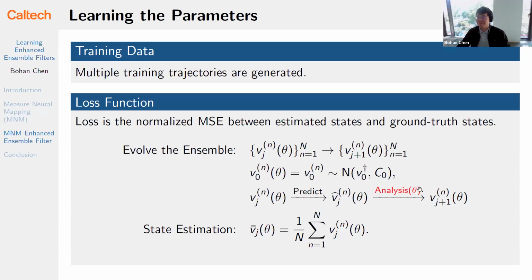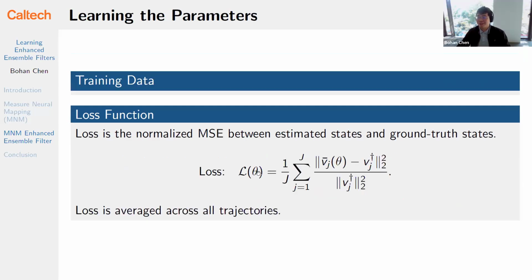Here, the analysis map is parameterized. And we have a state estimation using the mean of this ensemble at each time step. And our loss is calculated based on the mean and the true state with some normalization. So it's first averaged across all the time steps within the same trajectory, and then averaged across all the trajectories.